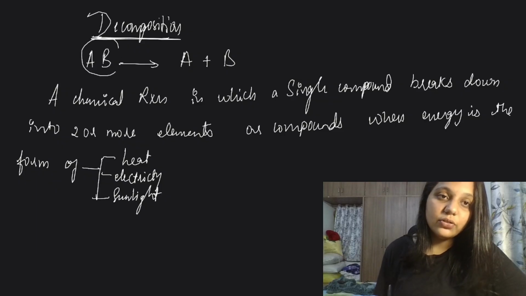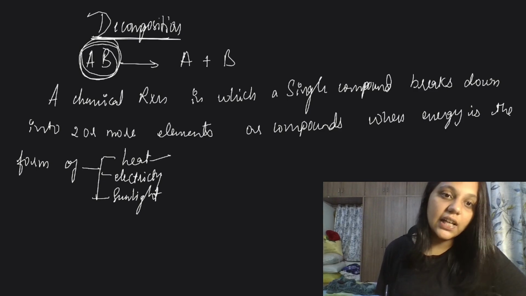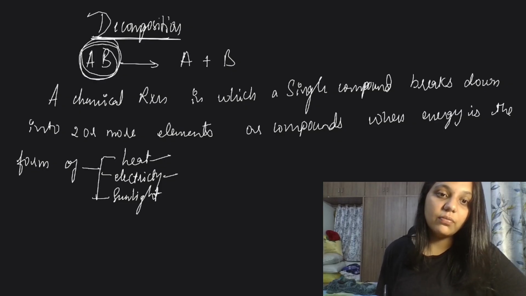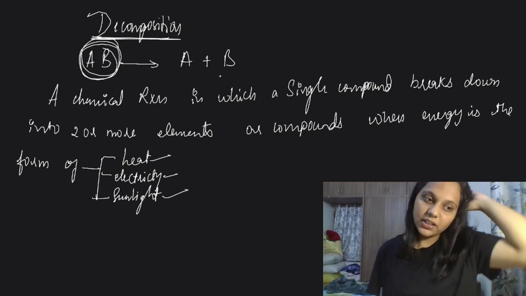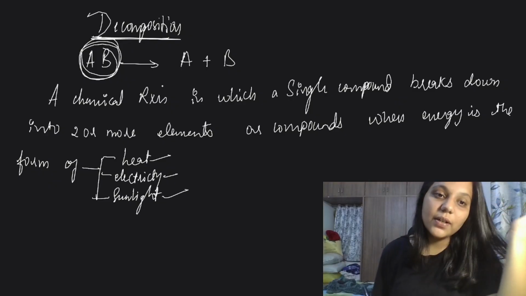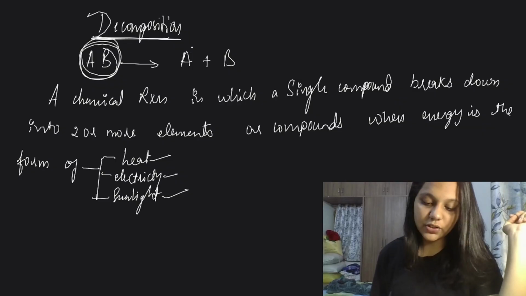So first there was a strong bond, right, and due to some energy, it may be heat which is thermal, it may be by giving some electricity, or it may be sunlight, right, that will break into two substances or two elements. This is the decomposition reaction.